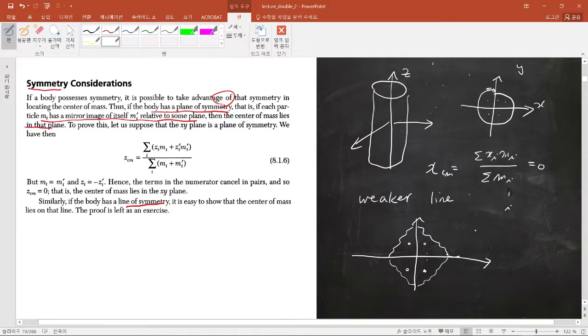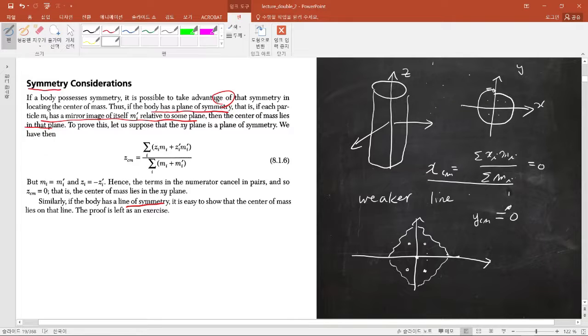So if you calculate this, the x center of mass is going to be 0, and the y center of mass is going to be 0. So this is somewhat weaker than rotational symmetry, but it also gives you that the center of mass should be at the origin here.